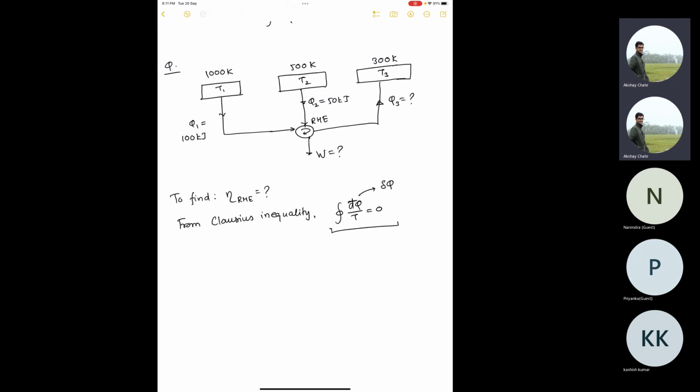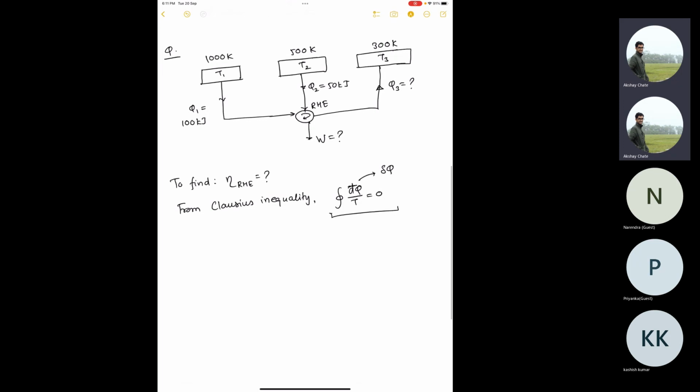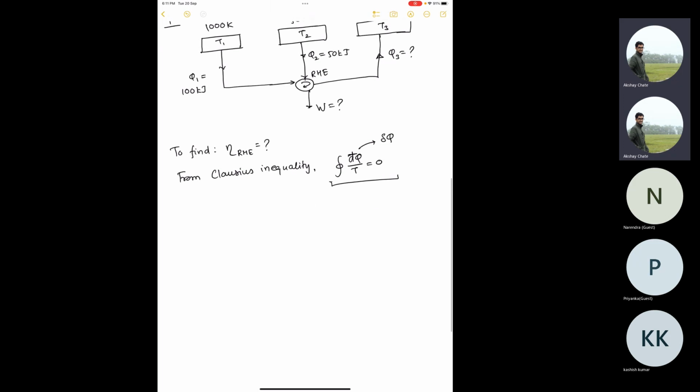So now here you can apply Clausius inequality considering the reversible heat engine as your system. If you do that, Q1 by T1 will be positive since it's coming to the engine. Again Q2 by T2, and since Q3 amount of heat is leaving the engine, it will be negative.